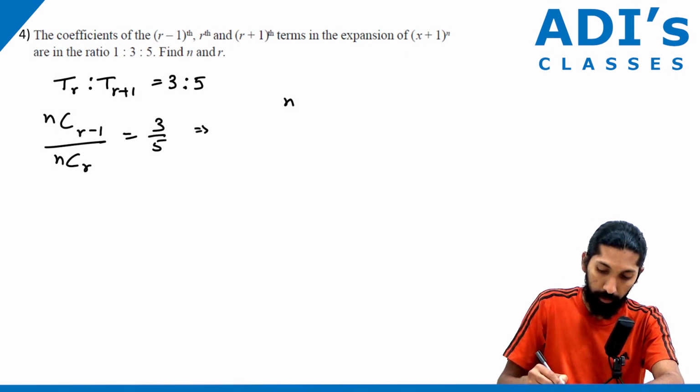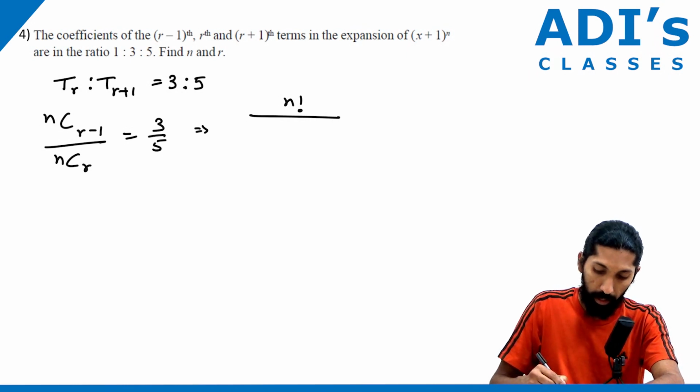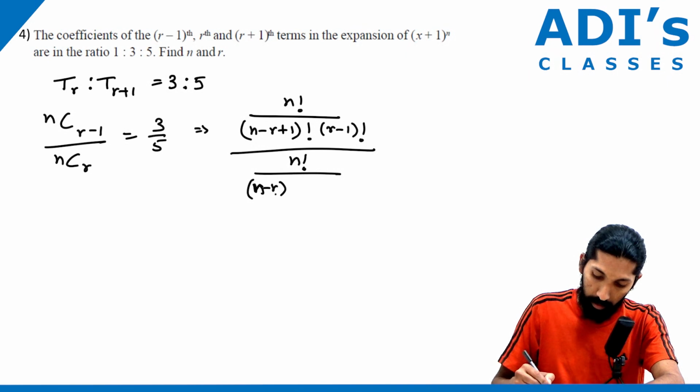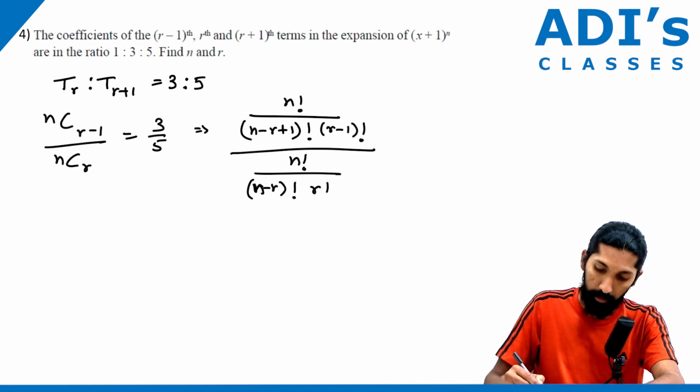Again, n factorial divided by (n minus r plus 1) factorial into (r minus 1) factorial, divided by n factorial by (n minus r) factorial into r factorial. This is equal to 3:5.